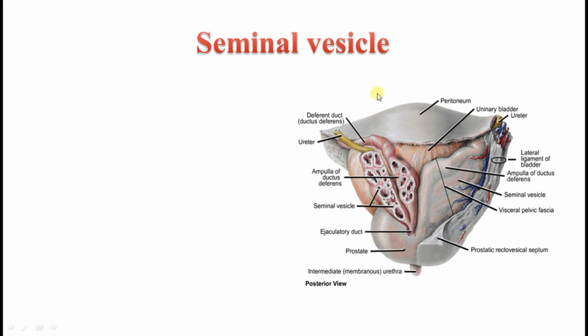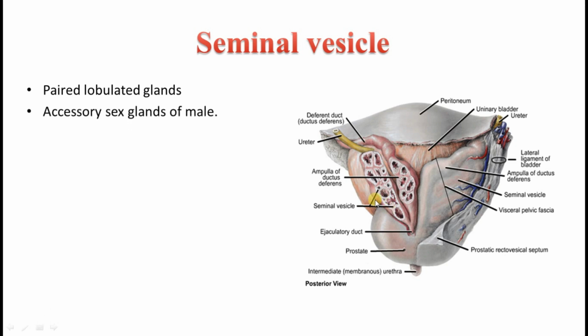We will quickly look into the seminal vesicle, again an accessory reproductive gland, which is situated lateral to the ampulla of the vas deferens, in close association with the base of the urinary bladder. It is sandwiched between the bladder in front and the rectum behind.